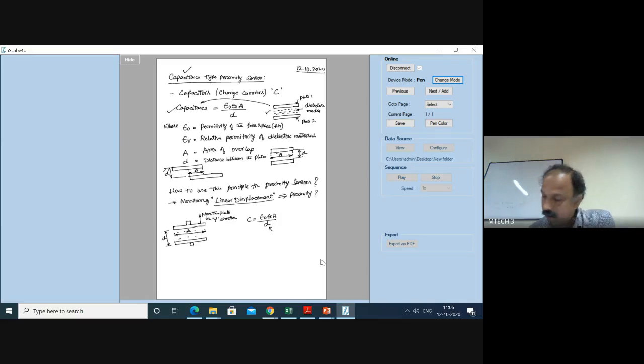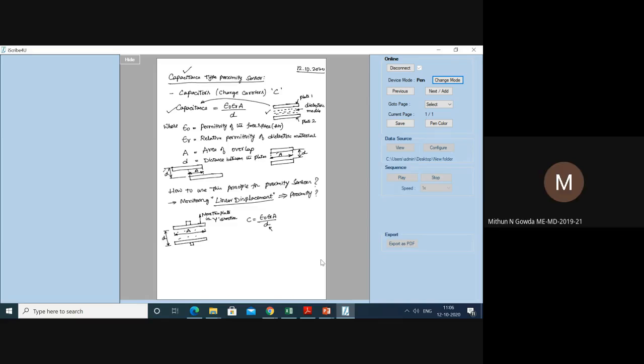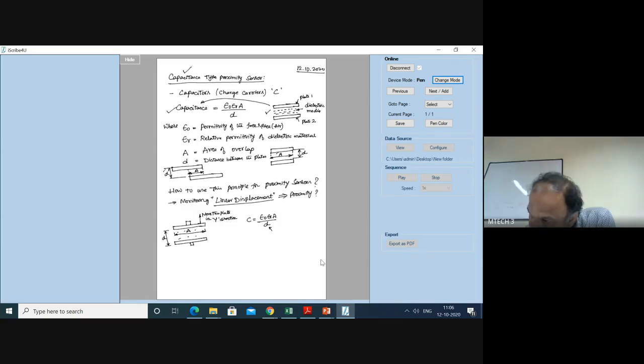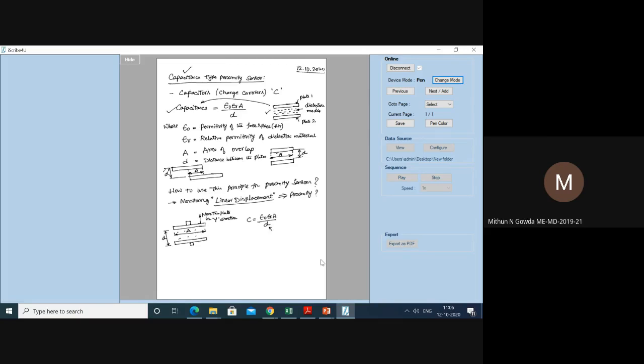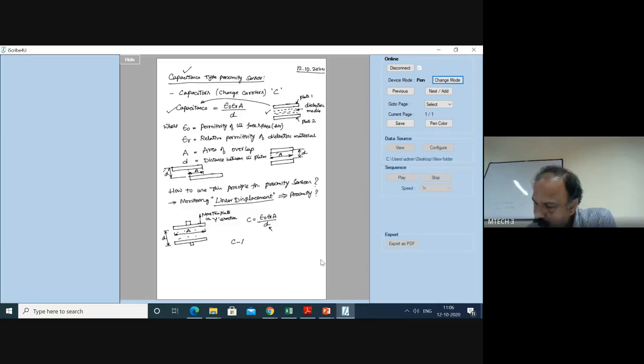I am giving the displacement. D has increased. Once D increased, what is going to happen to the value of C? It decreases. C is going to be reduced and becomes C minus delta C.